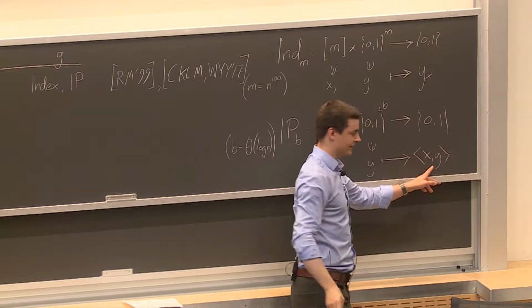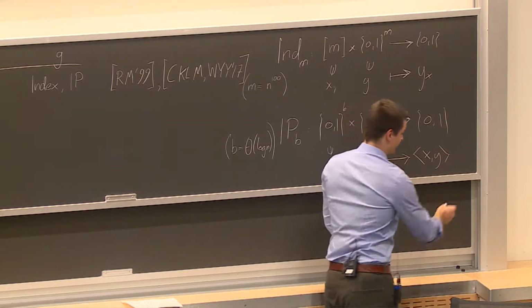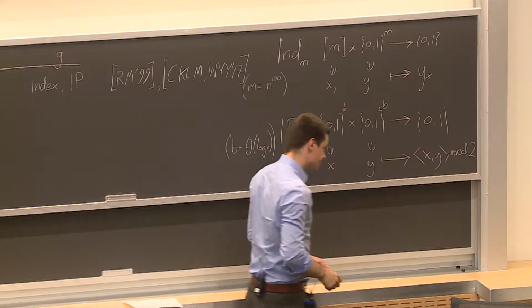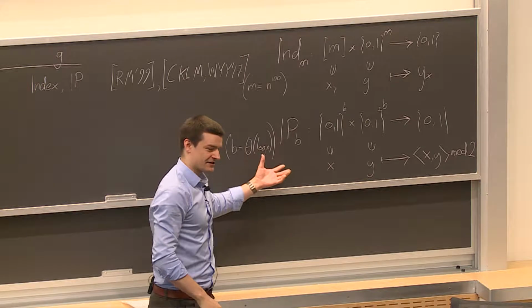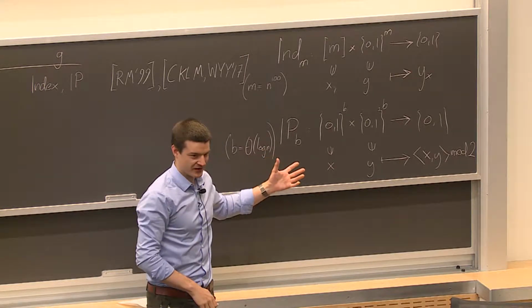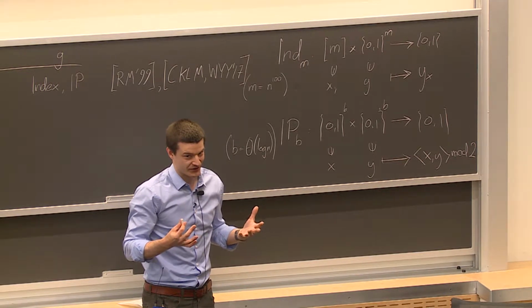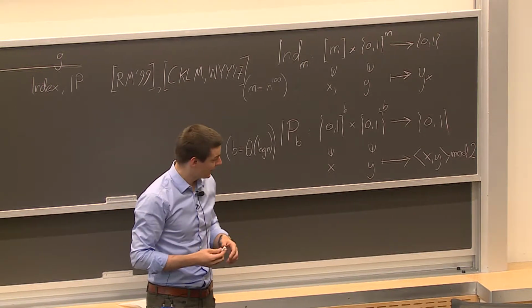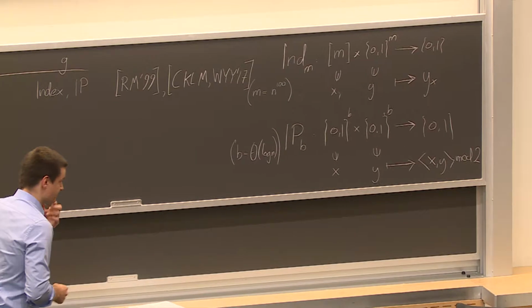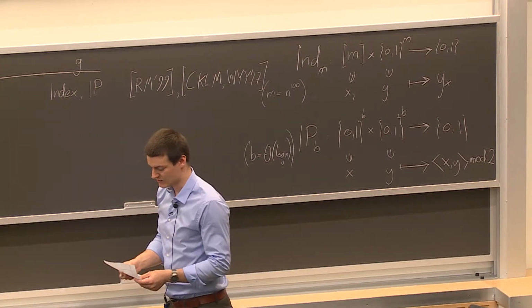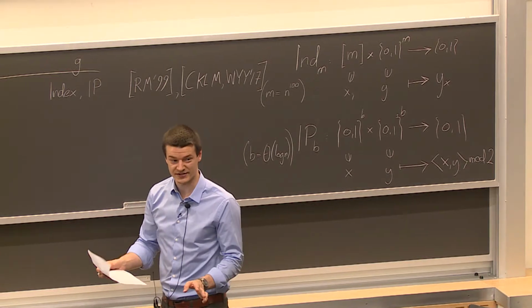So far this is just a natural number, but we take it mod 2, so it's a Boolean function now. Inner product is a very important function in communication complexity, an example of a function that's really hard for communication protocols in a really strong sense. So that's a slight improvement, but it's still open to get the gadget size down to a constant, which is the golden standard here.